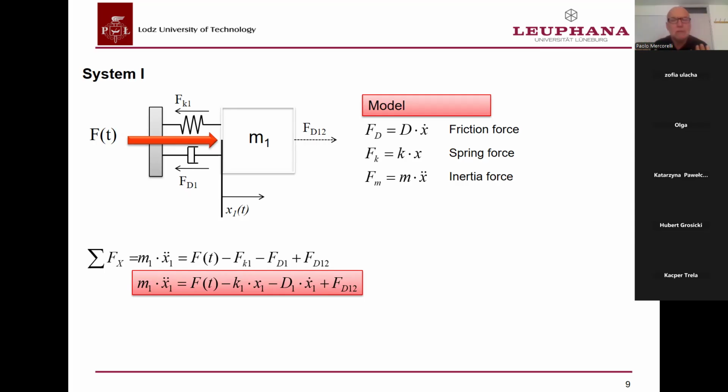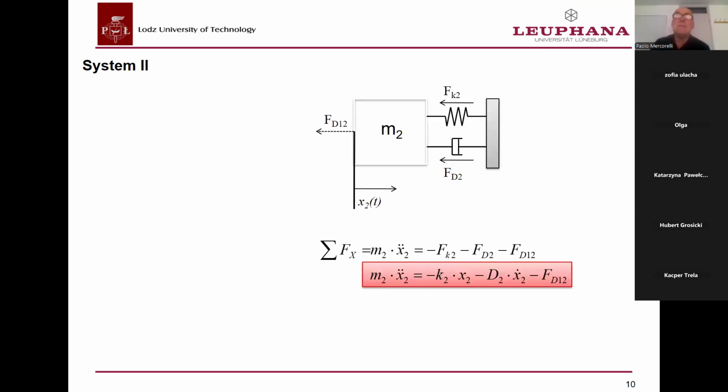At this moment, we don't know what it is. Similar consideration can be done for the mass m2. The difference here is that we don't have the inputs. It's clear. We have probably different spring parameter or damping parameter, but the balance is the same.